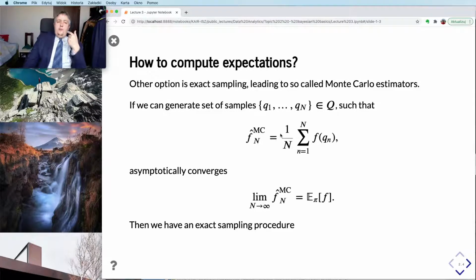So if we can generate a set of samples according to our distribution pi coming from q, and we can compute their average, then this average should converge to the expectation of f. And this procedure will potentially allow us to compute the value.